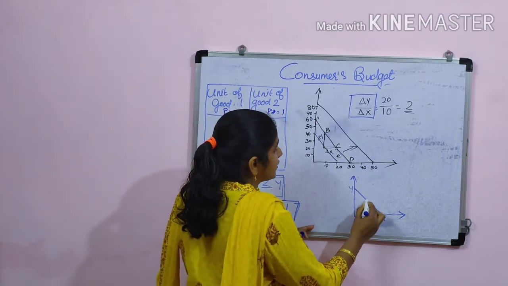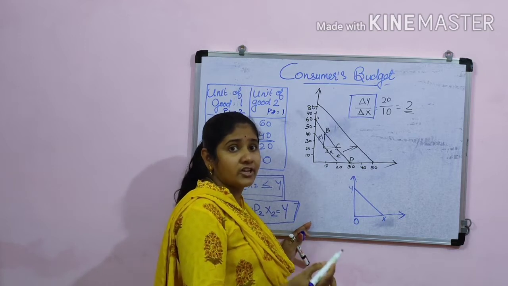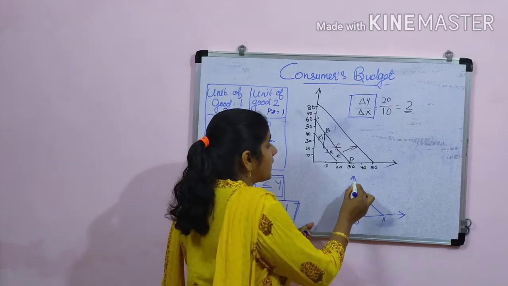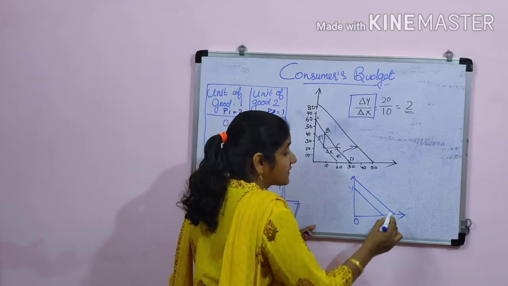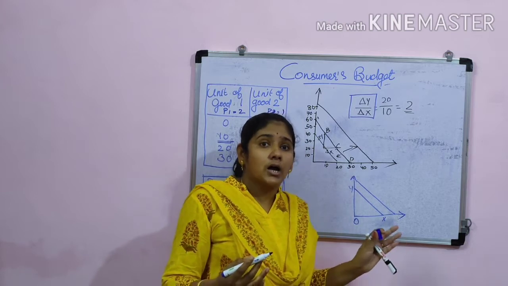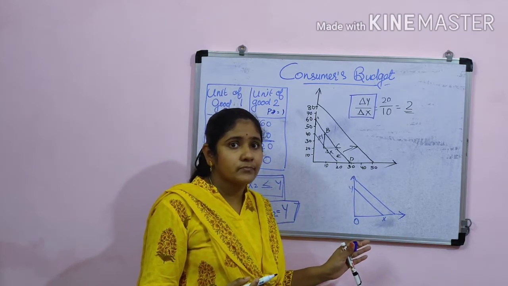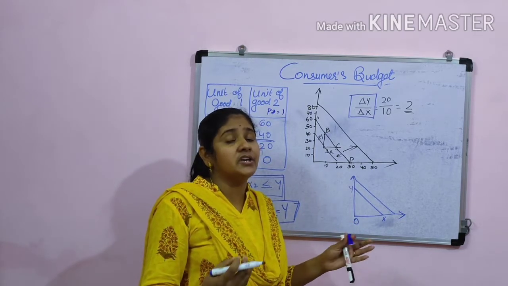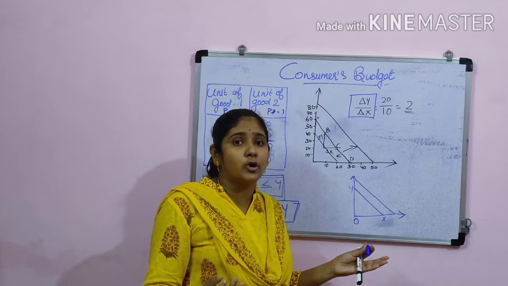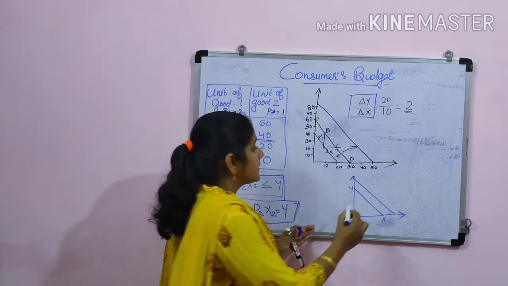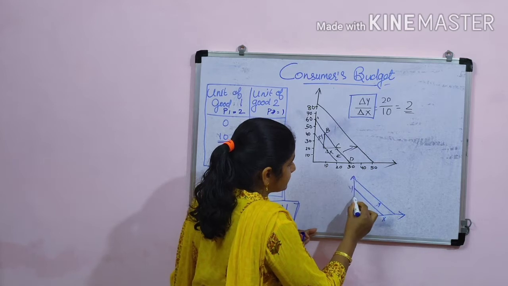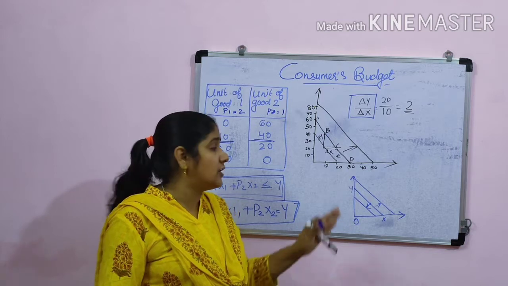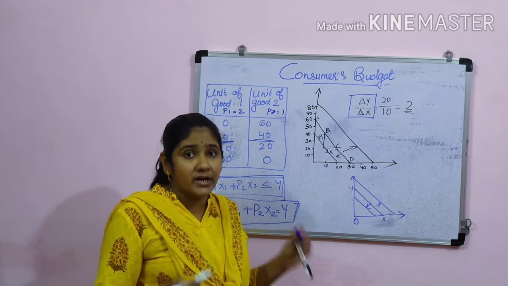But now imagine that the income of the customer increases from 60 to 100 rupees. Then what happens? Now he will be able to purchase more of the commodities X and Y, because his purchasing power has increased. Otherwise, imagine that his income decreases from 60 rupees to 30 rupees.